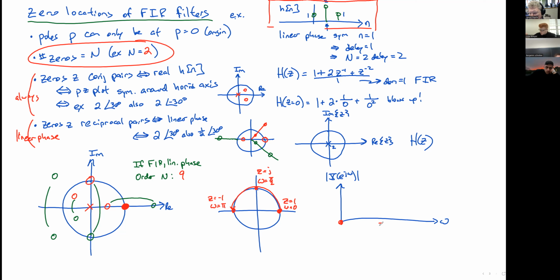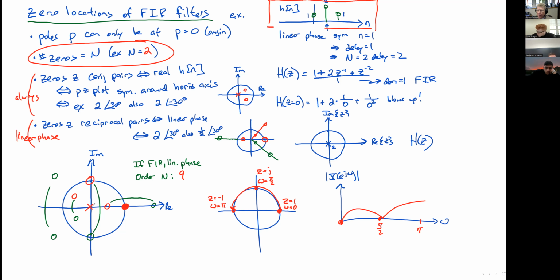And then at pi over 2, it's going to be 0. And it's going to do something like this. And then the pole in the middle doesn't affect it at all. I can't really tell exactly what it does more than that.